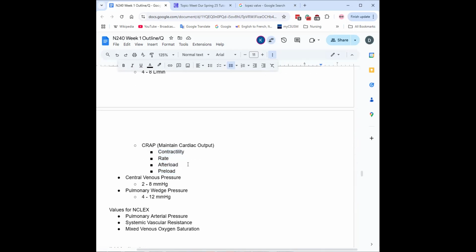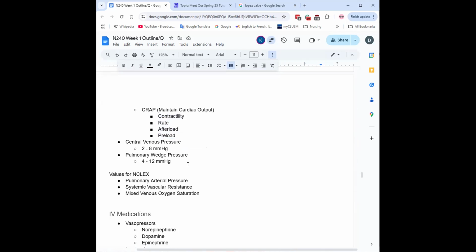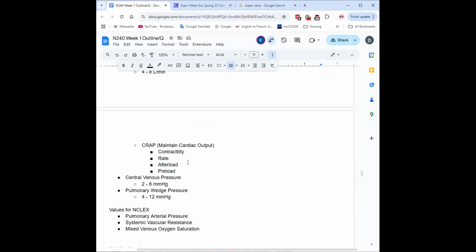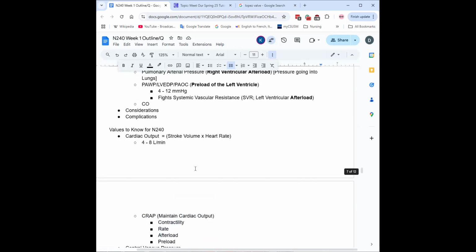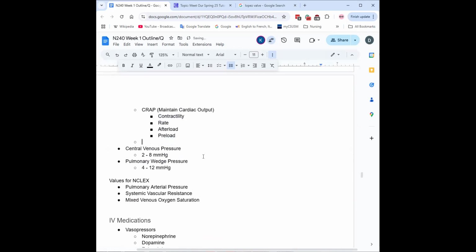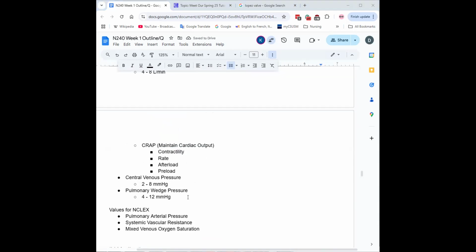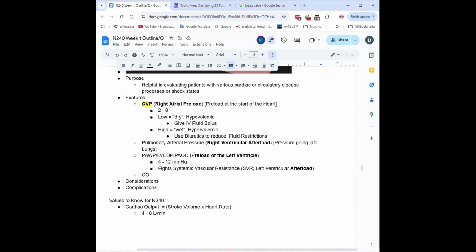So let's see what else might be important. I wrote some things here, but I don't know if it's really too relevant. So we have central venous pressure. We talked about that. Pulmonary wedge pressure. We talked about how that's essentially the preload of the left ventricle.